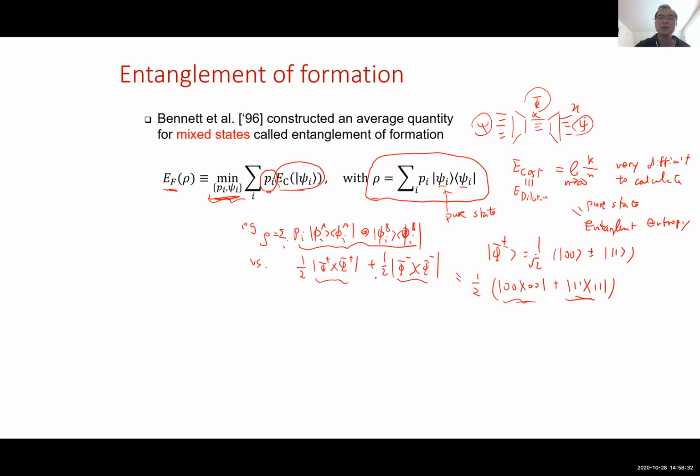But if you use this to calculate the average entanglement, then it will be 1. But you don't want to define an intrinsically separable state to have non-zero entanglement. Okay. So that's why you have minimization.